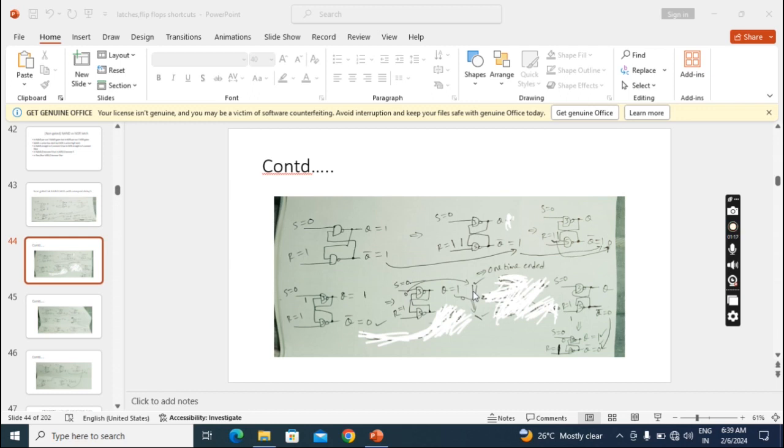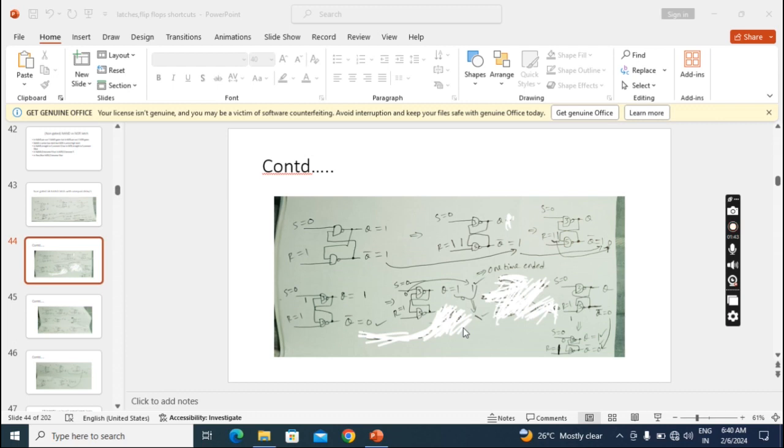So this one I get by feeding back this 0, and this one I get when feeding back this 1. Both are 1 1, so I am getting 1. Suppose now I feed this 1 again to the below gate, I will get 0. So here I am getting Q 1 and Q bar 0.